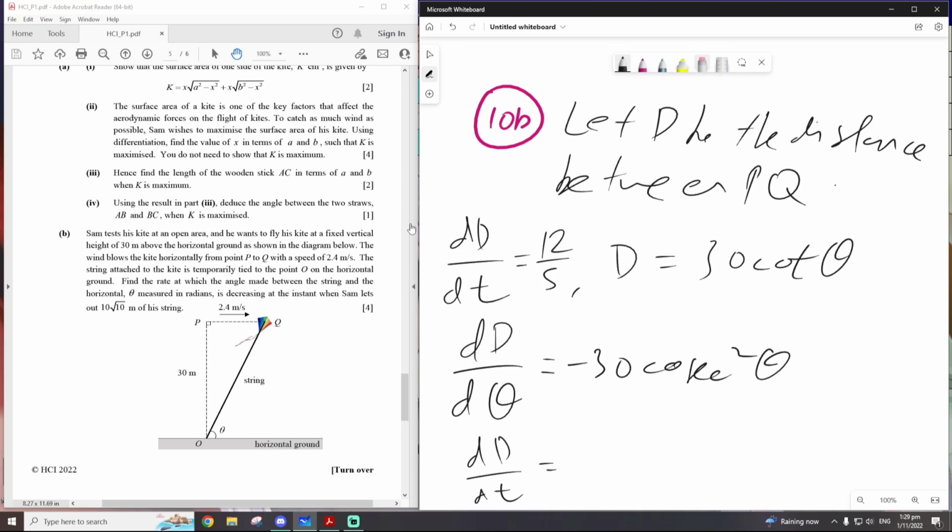Sorry, we want d theta/dt, because it is the rate of change of theta, right? d theta/dt is d theta/dd times dd/dt, which is negative sine squared theta over 30 times 12 over 5, which is 12 over 150, which is 3 over 25. No, 2 over 25. Negative 2 over 25 of sine squared theta, is it? Yes, okay.